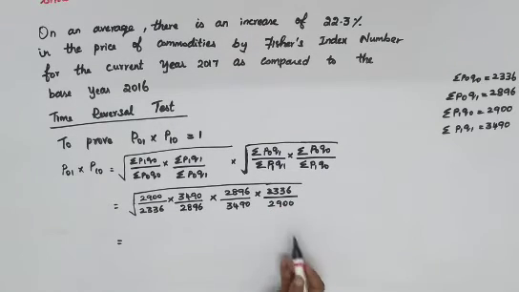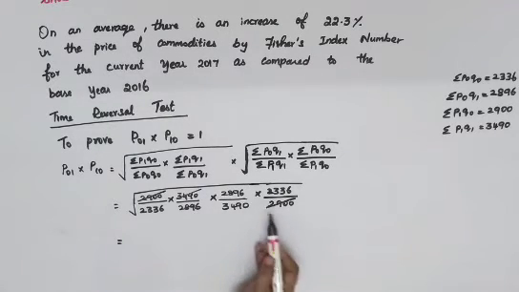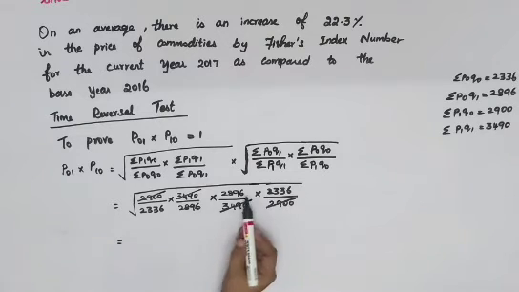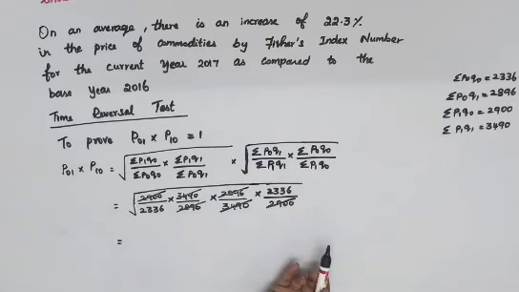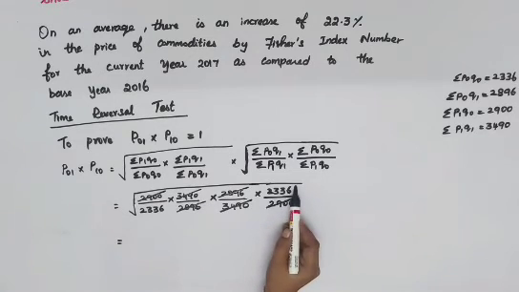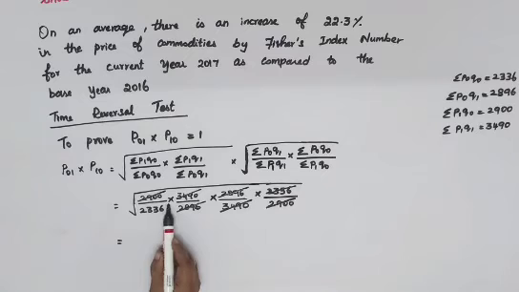Which is equal to, now just see, you can cancel 2900 and here one 2900. 3490 divided by here one more 3490. So you can cancel it. Same way 2896, again one more 2896. And here 2336, in the denominator 2336. So everything will get cancelled. You will have your answer root 1. Root 1 is nothing but 1 itself.